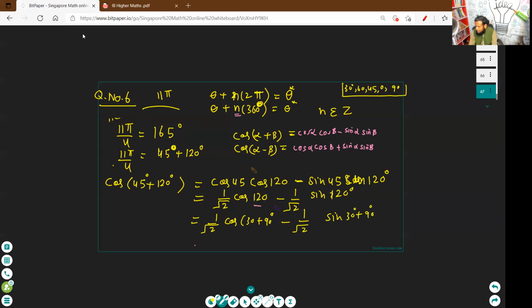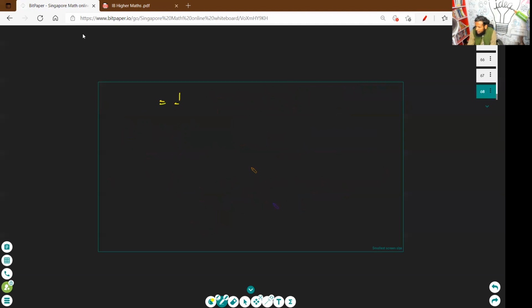Clear? So you should again expand. On the next page, you should expand and find the answer. In this way, we can find all answers.